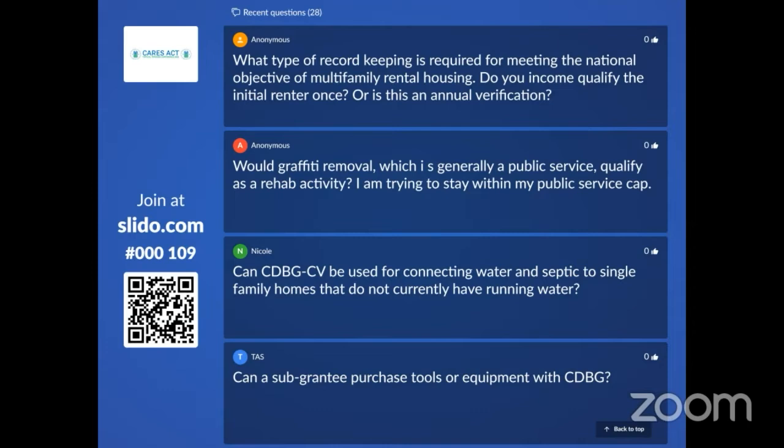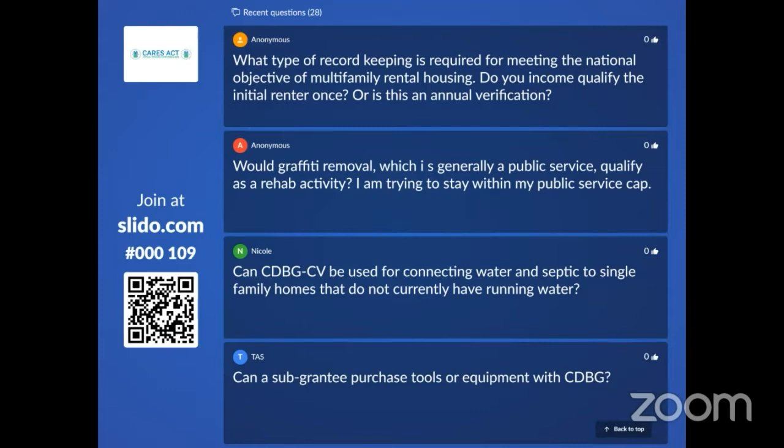Okay, thank you. What type of record keeping is required for meeting the national objective of multifamily rental housing? Do you income qualify the initial renter once, or is it an annual verification? Okay. For the CDBG program, its national objective compliance is determined at what we call initial occupancy.